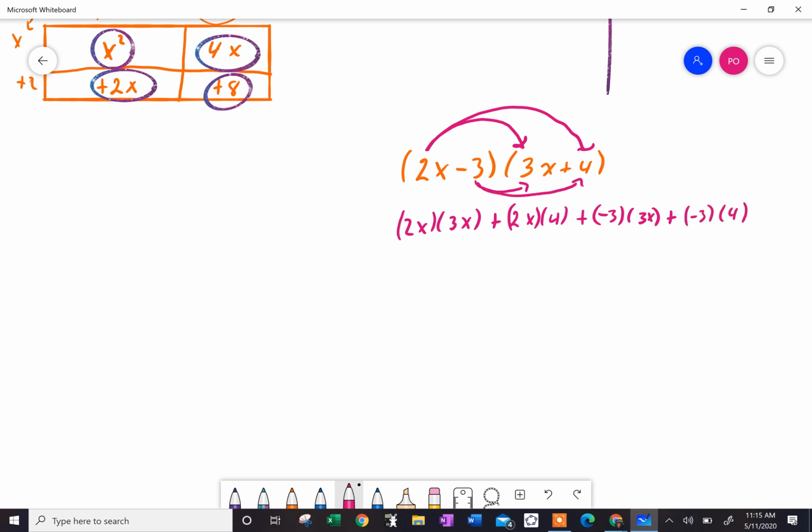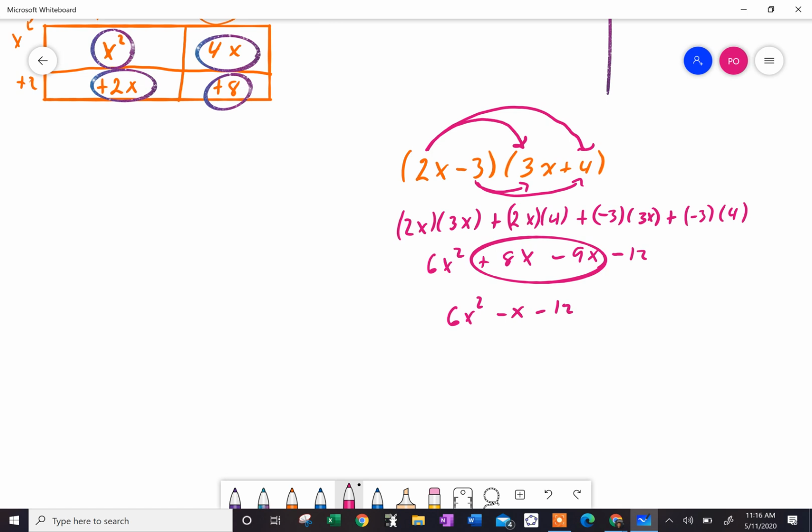And then when I multiply them, I get 2x times 3x, which is 6x squared, plus 8x, plus, and then this becomes a negative 9x, but plus a negative 9 is just minus 9x. And then negative 3 times 4 is negative 12, so plus a negative 12 is just minus 12. Now I can combine like terms, which I have. So I get 6x squared minus x minus 12.